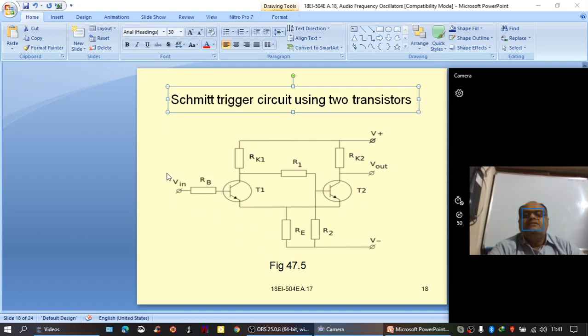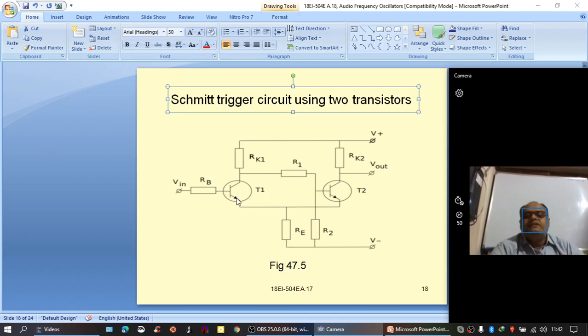That is, when a sinusoidal signal is increasing sinusoidally up to a certain value, there won't be any conduction in this transistor. The transistor will be in off state and transistor T2 will be in on state and the outputs continue to remain the same. After some value, when Vin increases slightly beyond VBE plus VRE, the base emitter junction of this transistor is forward biased. Transistor T1 would conduct.